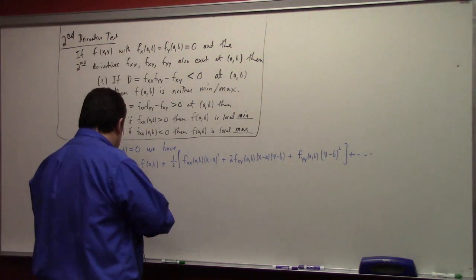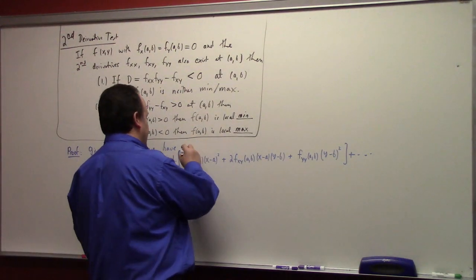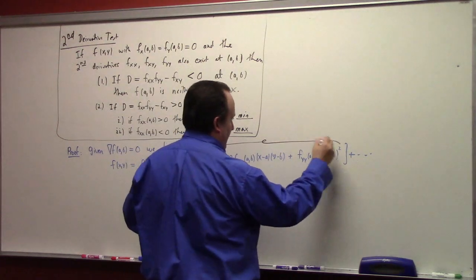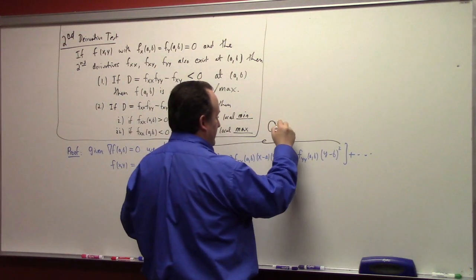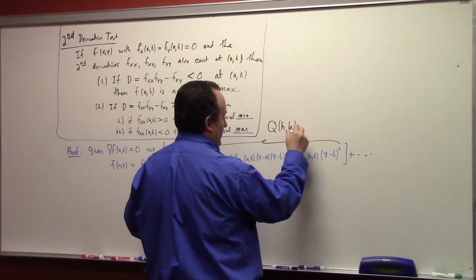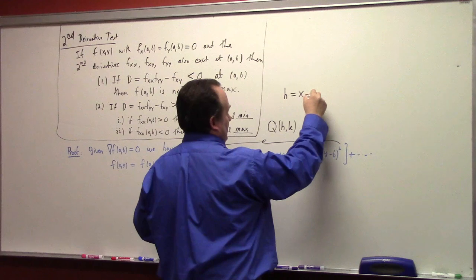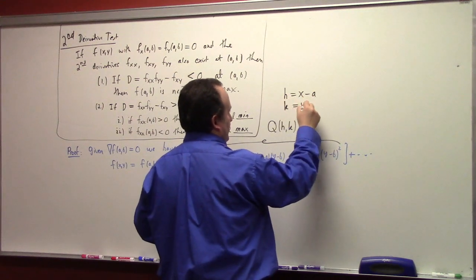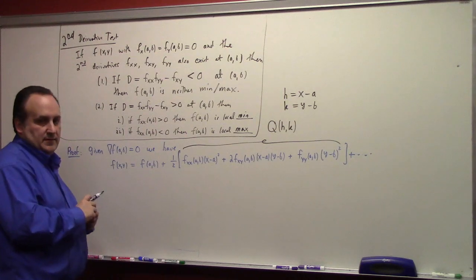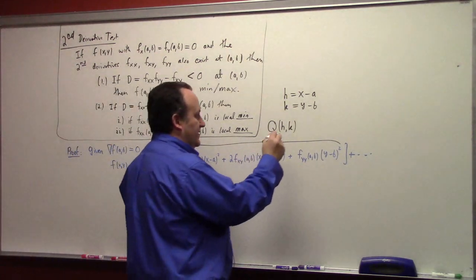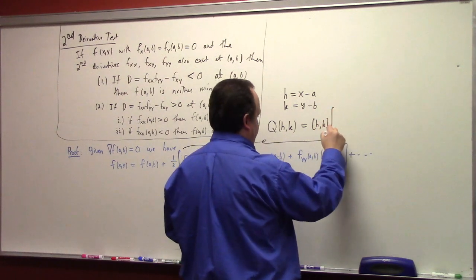So let us save ourselves the hassle of writing x's and y's here, and let's just call this whole thing q of h, k, where here I'm going to say h is x minus a and k is y minus b, okay? So if you look at that, we've got q of h, k is the row vector h, k times what matrix?